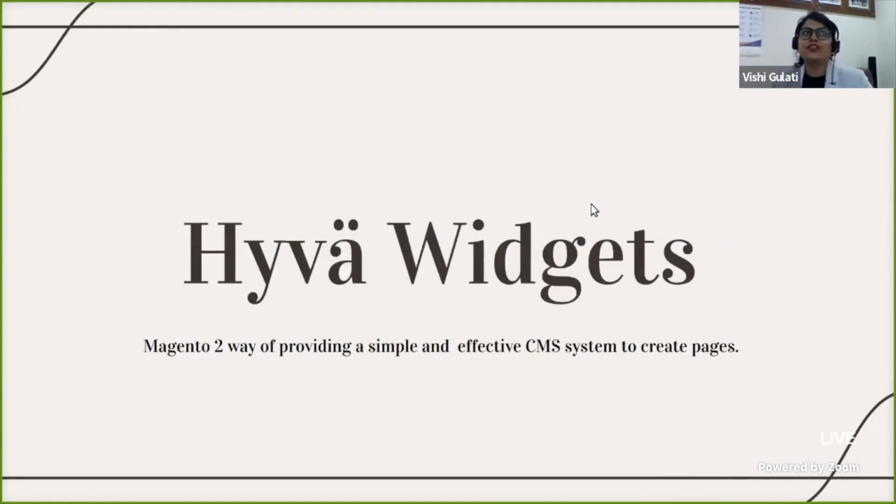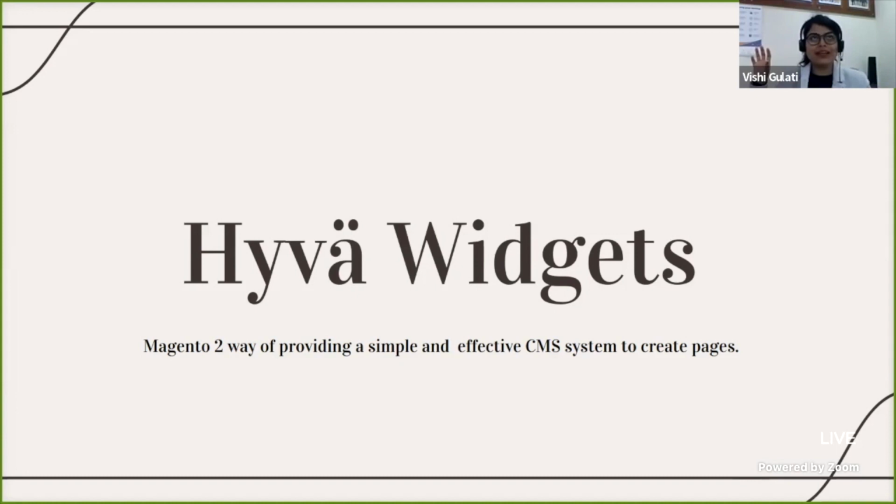Hyvä widgets. Up to now, we have used Magento widgets a lot. So Hyvä widget is a native Magento way of providing us access so that we can use the CMS ecosystem, with which we are already familiar, to easily create and edit pages. So it is a good thing for us.